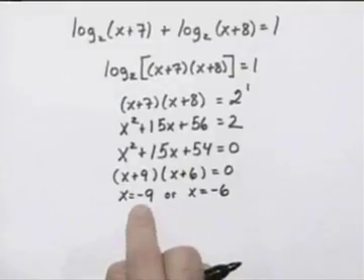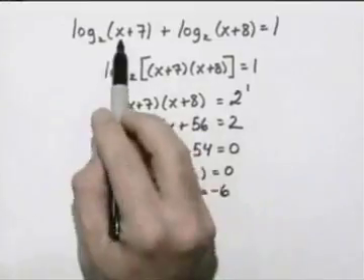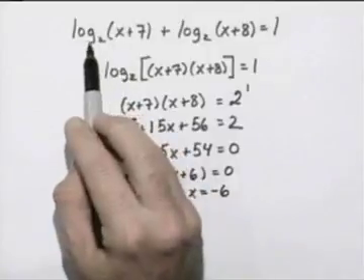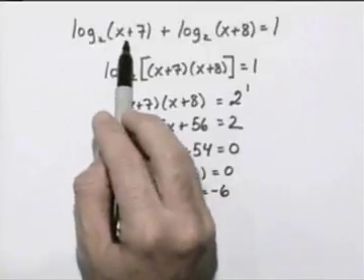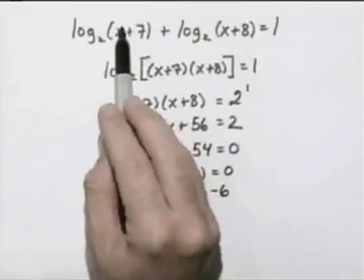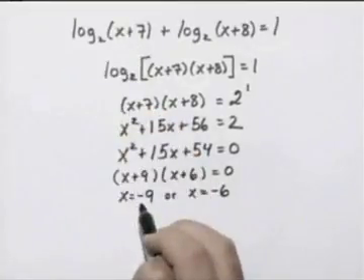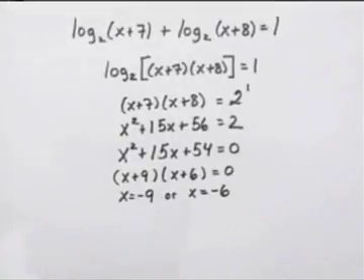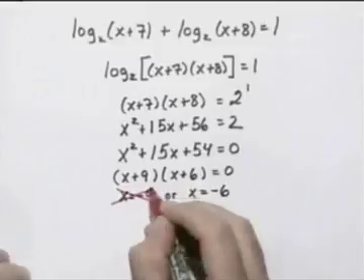If we try negative 9, however, we notice that substituting negative 9 into this expression gives us log base 2 of negative 2. Because the argument of the log expression has to be positive, we know that negative 9 is extraneous, and therefore we exclude it from the possible solution.